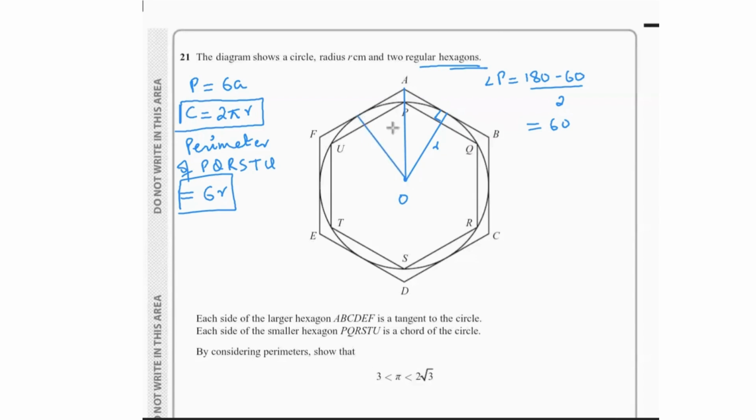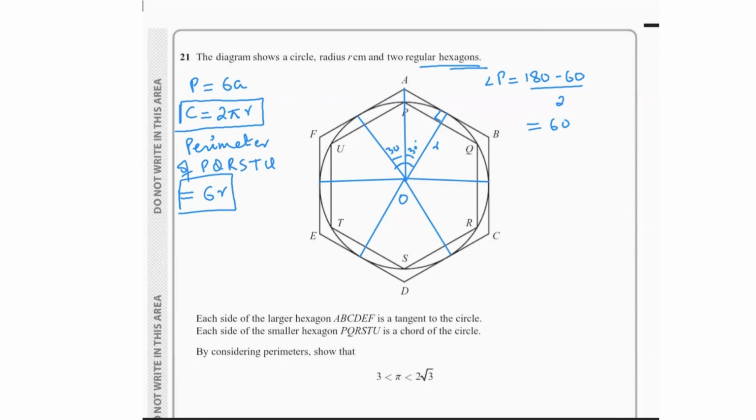If I divide the shape like this into equal triangles, we can once again see that we're getting 6 triangles: 1, 2, 3, 4, 5, 6. And if we divide the angle, 360 divided by 6 is 60. So if this entire angle is 60, this is 30.